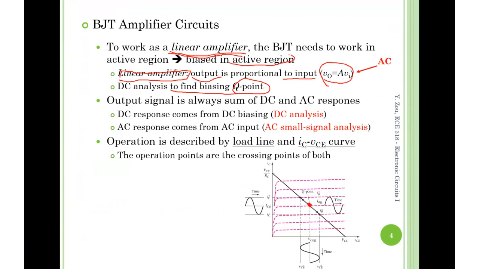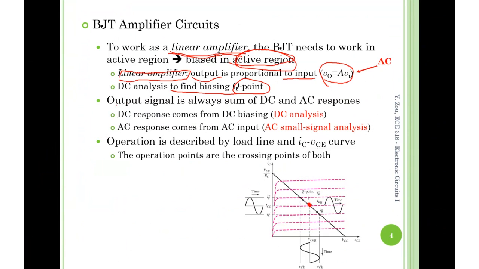Remember, if your Q point from the DC analysis is not located in the active region, first of all, the BJT is not functioning as an amplifier at all. So the DC circuit guarantees the location of the Q point is in the active region. This is what DC is for. Same thing in the MOSFET.